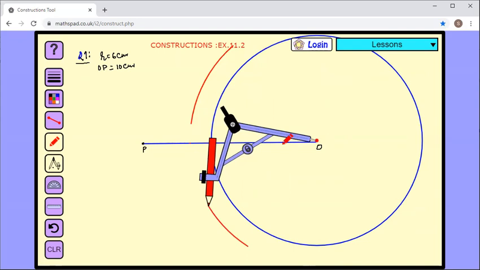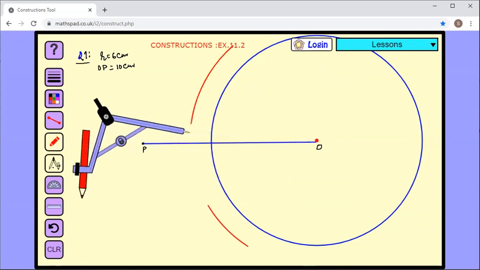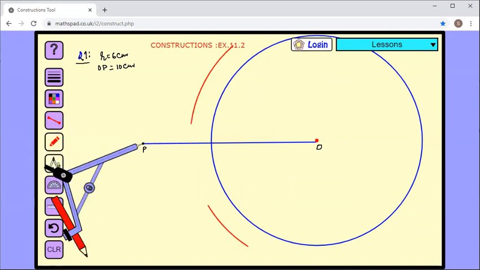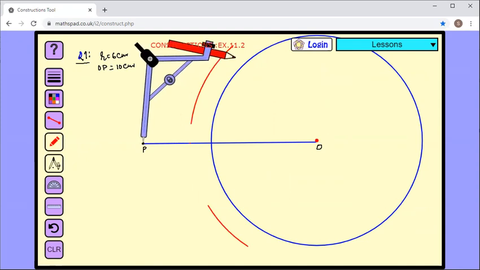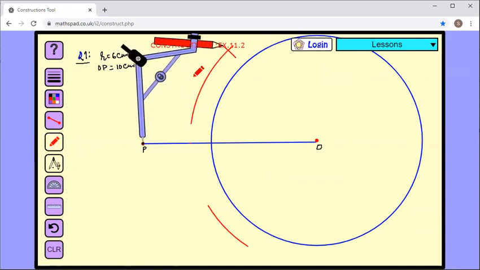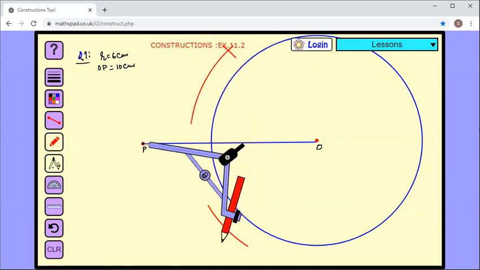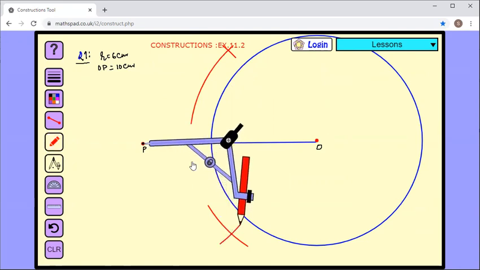Then with the same radius you have to keep the compass now on P, and with the same radius now you will put another arc intersecting the previous arc. So here, and the arc down the line segment like this.